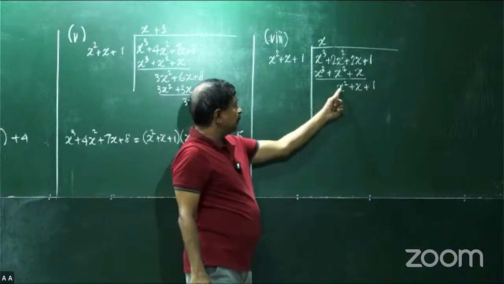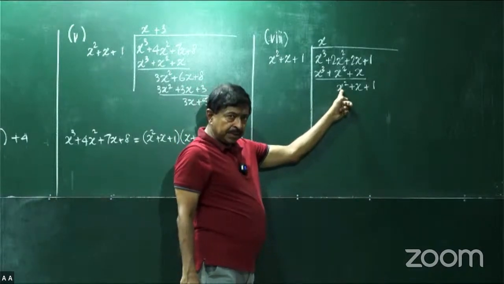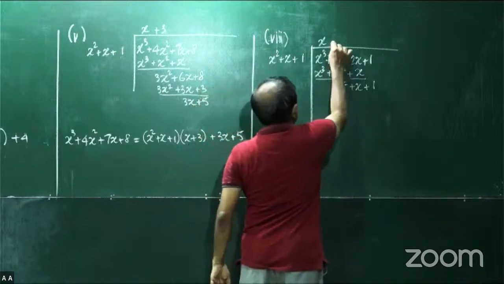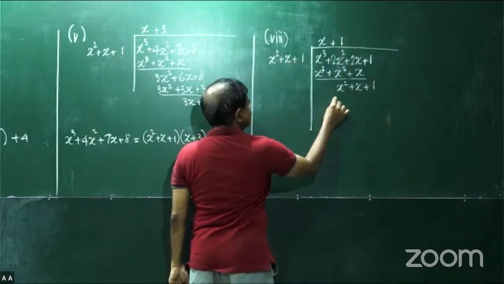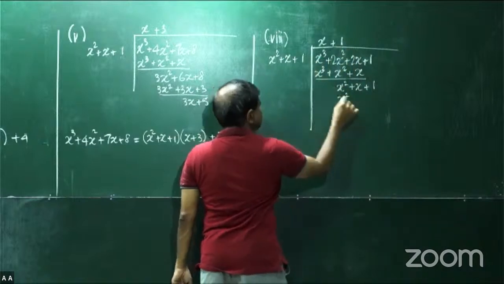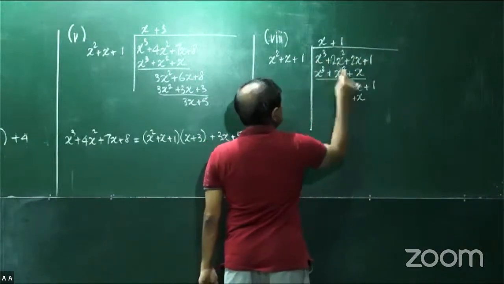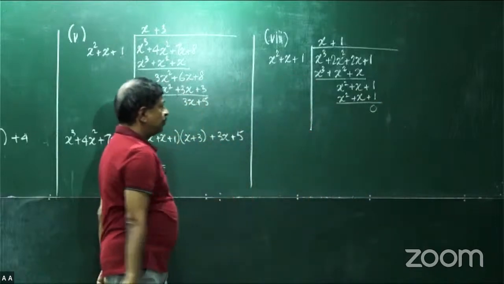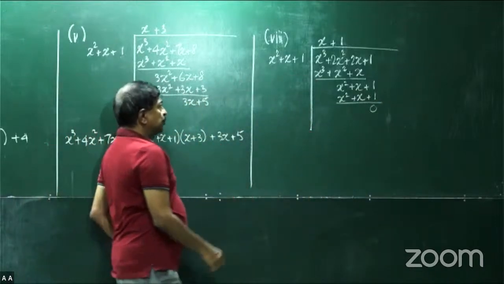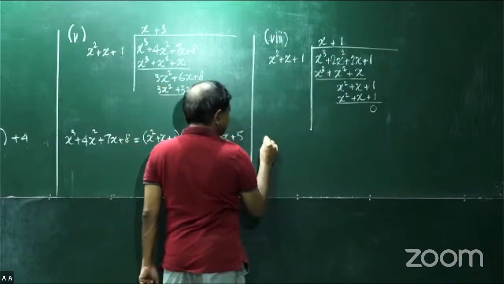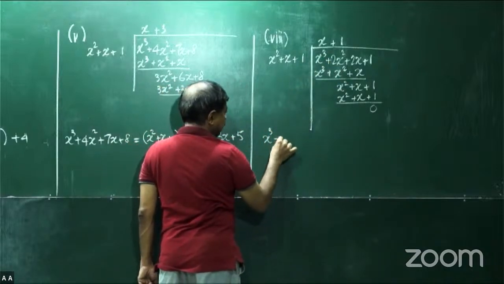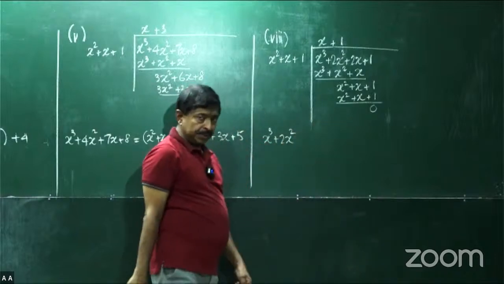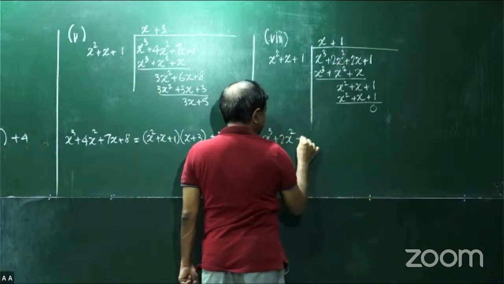Now again, you do the same thing. Divide the leading term of what you have here by this one, which is 1. Now 1 times this, x squared, 1 times x, x, 1 times 1. You get 0 there. So if you write this in the form of the division algorithm, you will end up with this.